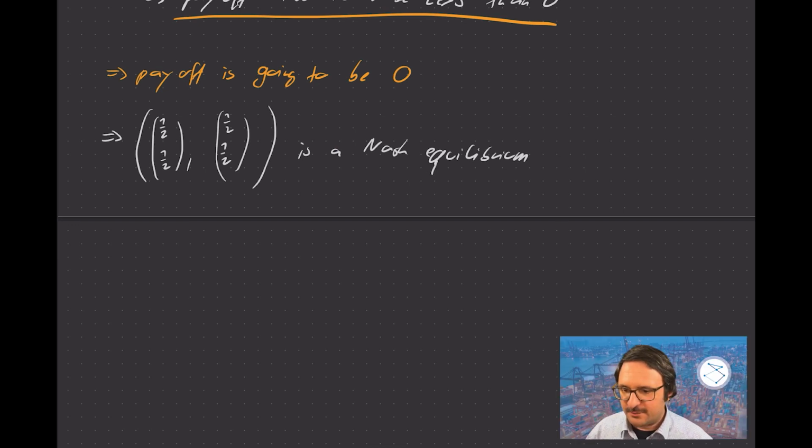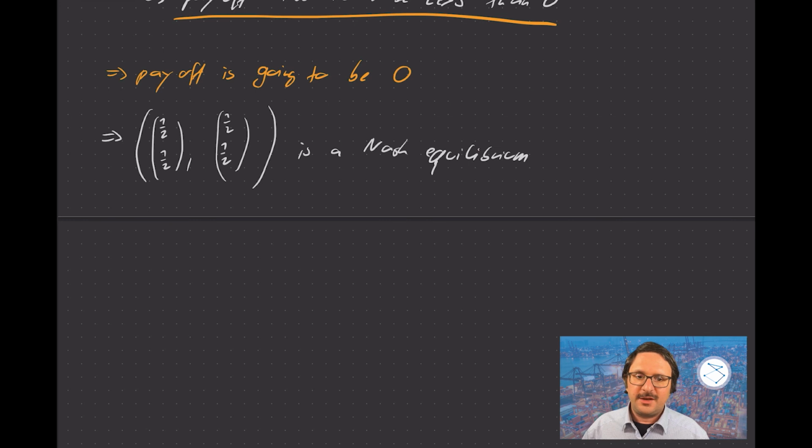And of course, that is precisely what you would expect. Both players should play both actions, 1 finger, 2 fingers, with equal probability. Because if they don't, then the opponent will be able to predict that there is a higher probability for one of the two outcomes, and he'll be able to counter that. So for example, if the column player knows that the row player will play 1 finger with higher probability than 2 fingers, then the column player will also play 1 finger every time.